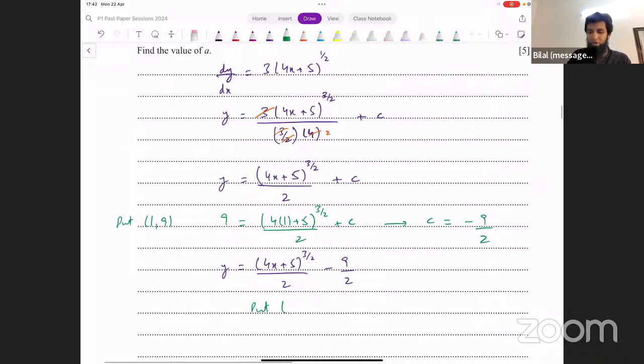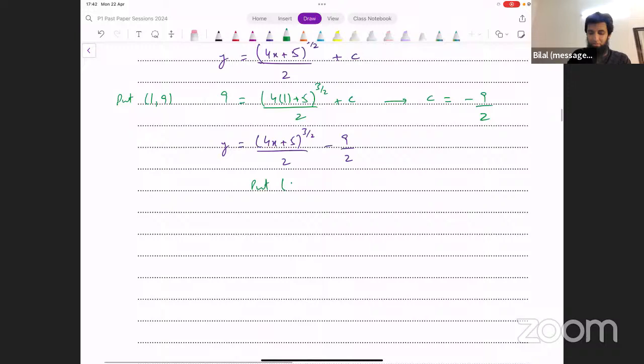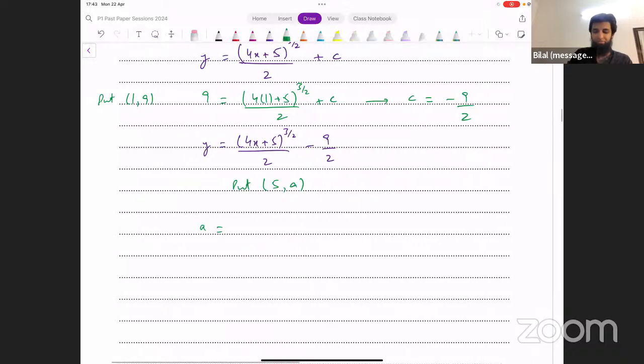And that is going to give you the value for a. So what's the point? Point is 5 and a. The x coordinate is 5 and the y coordinate is a. Let's just put that inside this curve's equation now.